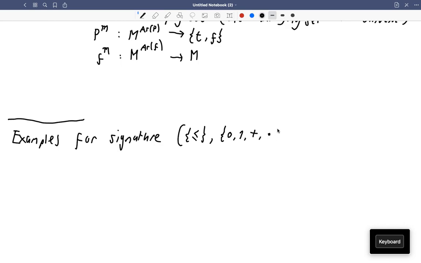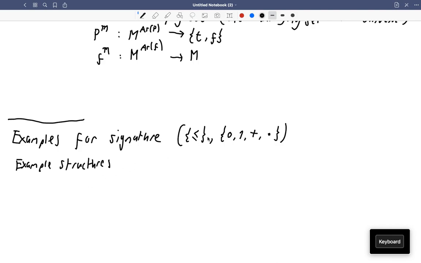So this was the signature of a semi-ring. So the example structures for this signature: the point is that a structure gives one mathematical environment in which we can interpret the language of predicate logic involving these symbols here.